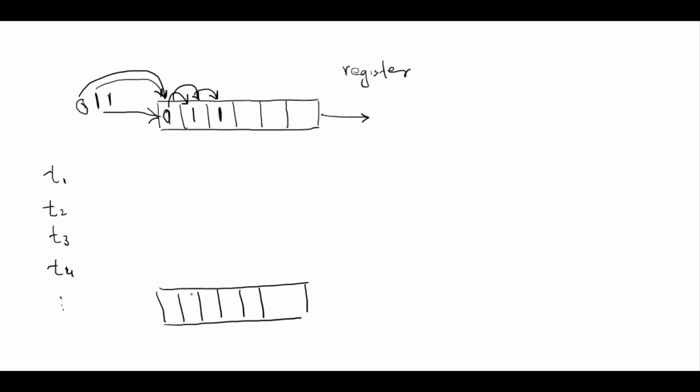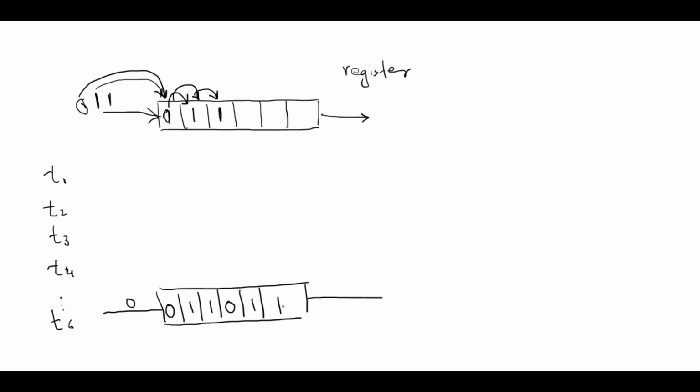Now these are 6. 1, 2, 3, 4, 5, 6. Let's suppose at time instant t6, this register looks like this. At t6 you have applied 0.